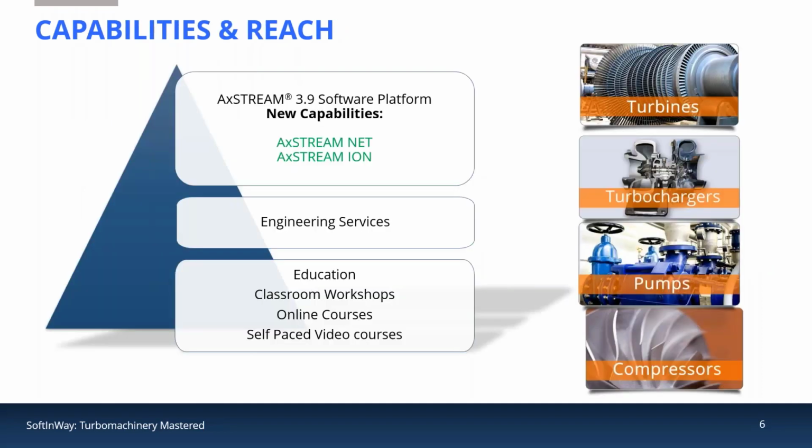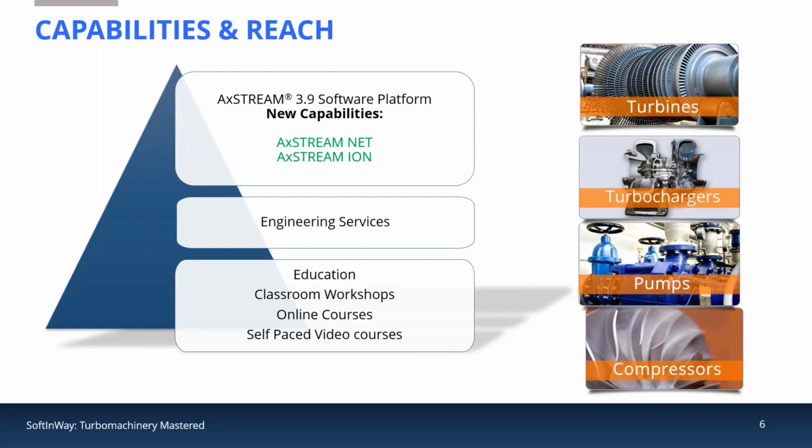And to date, our business units fall into 3 different categories. So first is Axtreme, our software platform for turbomachinery design, structural analysis, rotor dynamics, system level design, and so on. Next is our engineering services, and then finally we also have a pretty broad and extensive list of education options.